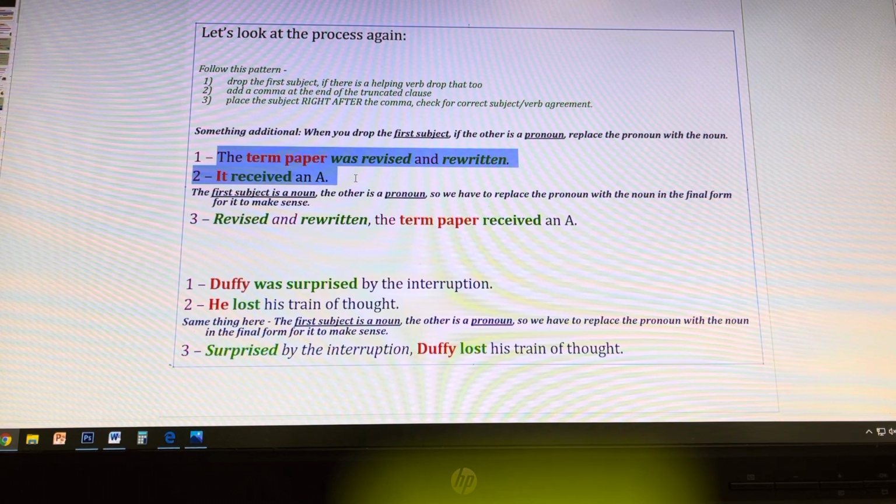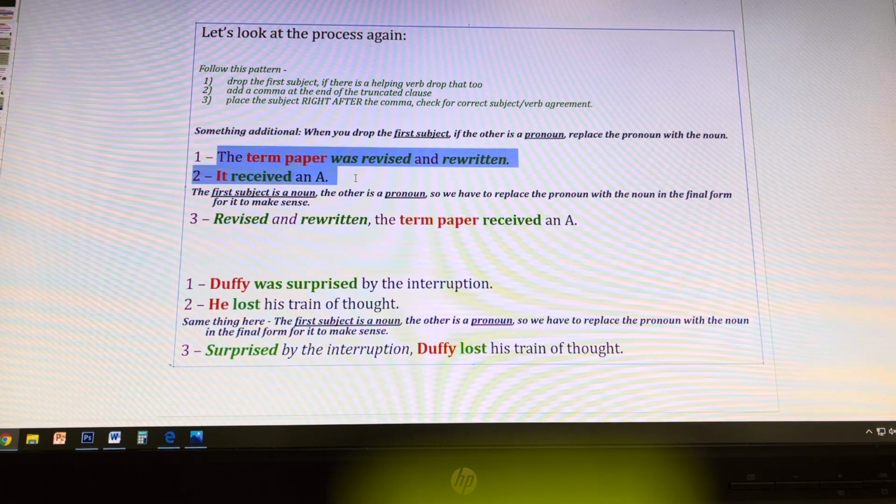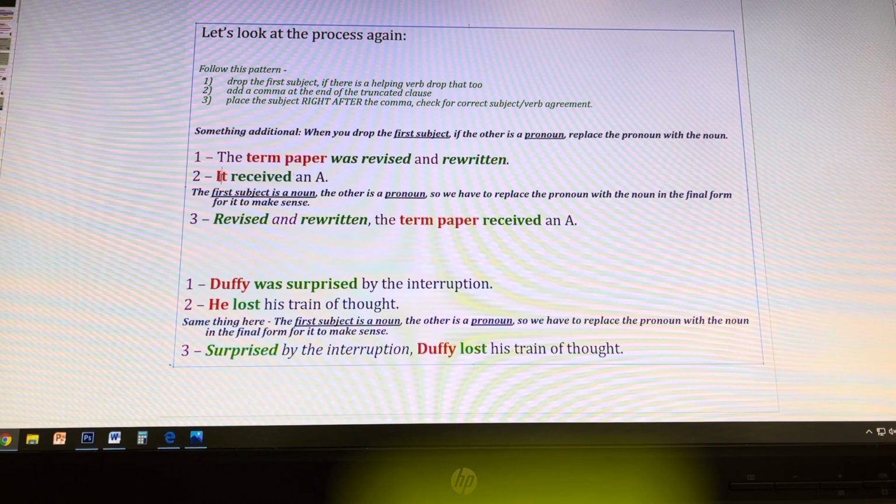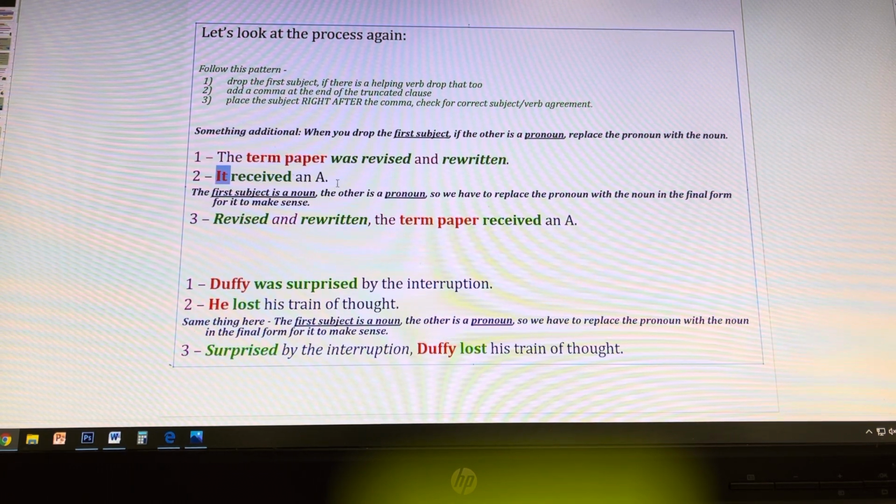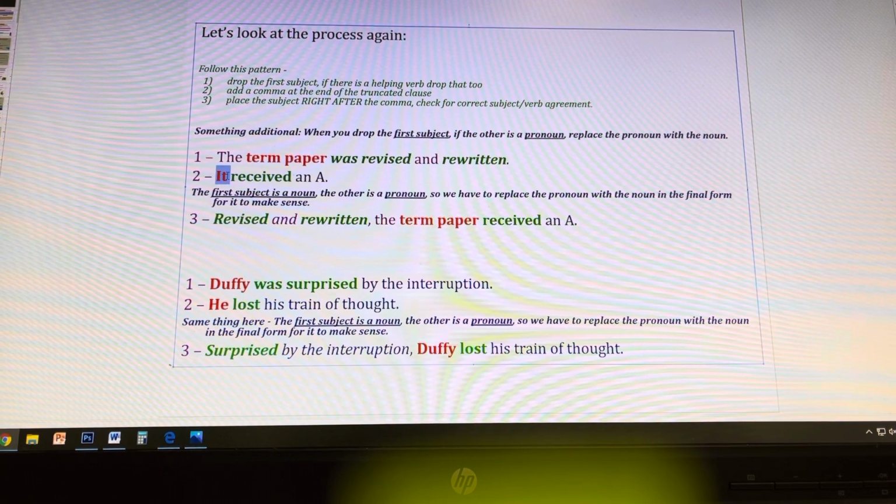It received an A. Now, term paper in the second sentence is replaced by it. So if we think of it as term paper and they are interchangeable, we would say the term paper was revised and rewritten. The term paper received an A. That's how the word it is functioning.